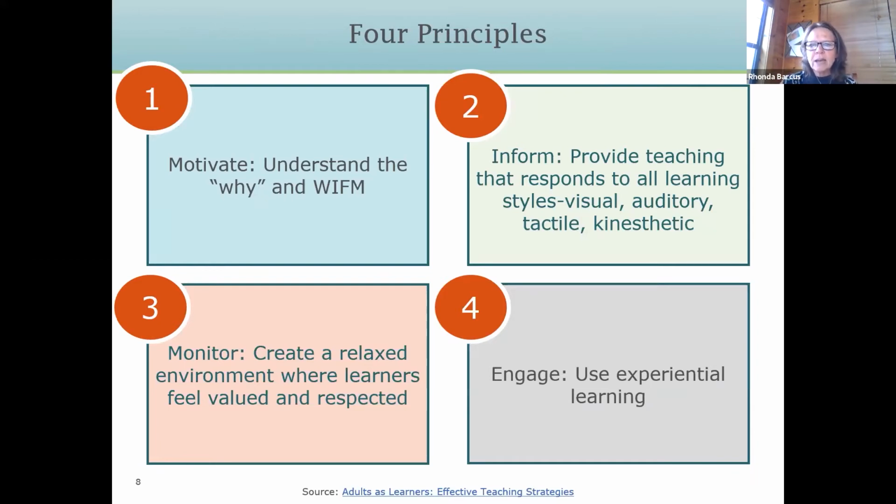The first is motivate, understanding the why for them, and the WIIFM, which we'll talk about in a minute. Then we need to inform. We need to provide teaching that responds to all of their learning styles. We need to monitor. We need to create a relaxed environment where learners feel valued and respected. And then lastly, we need to engage, using experiential learning whenever possible.